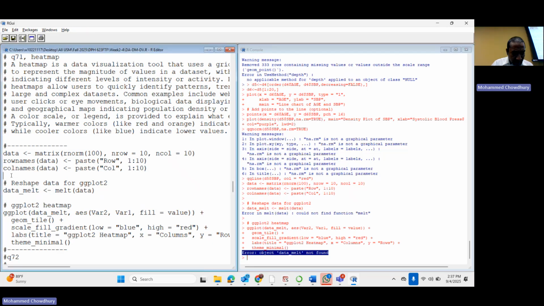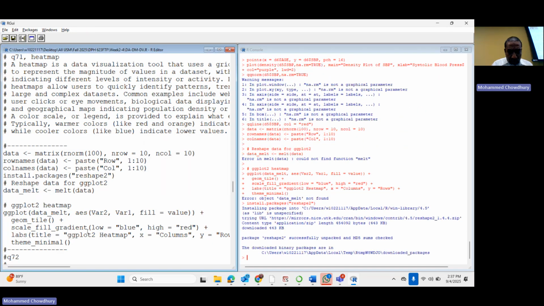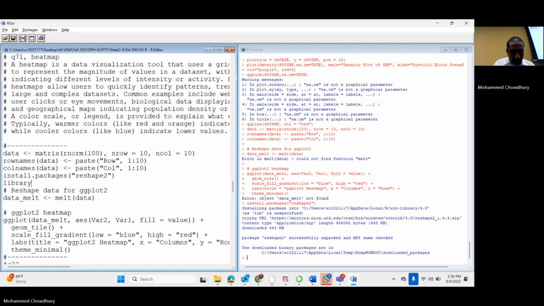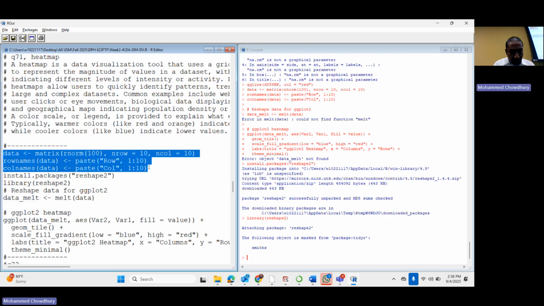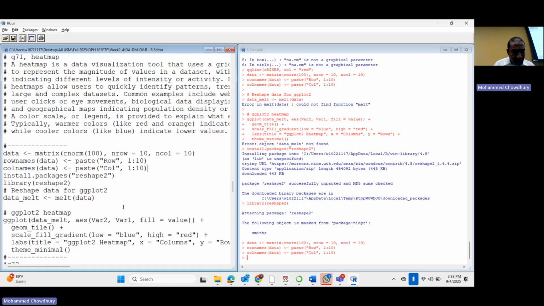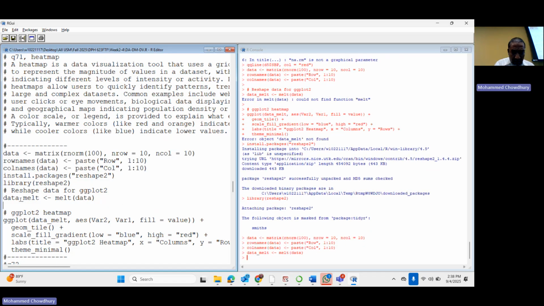Okay, let me plug it in there and run it. I hope it will work now. Library reshape 2. I hope it will work. Now let me see whether it will work or not. Data has been run there. Data melt. Okay, now I hope it will work.